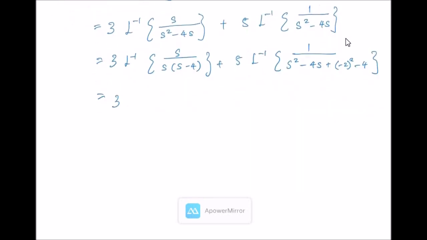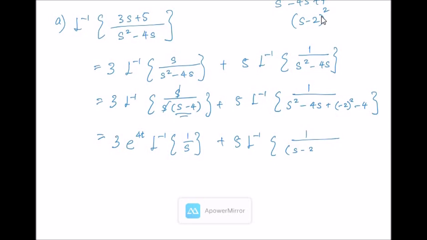Therefore, we can simplify again, and this part is the shifting part. So 3 exponent 4t inverse Laplace transform. When this one cancels out, we left 1 over s plus 5 inverse Laplace 1 over s minus 2 squared minus 4.